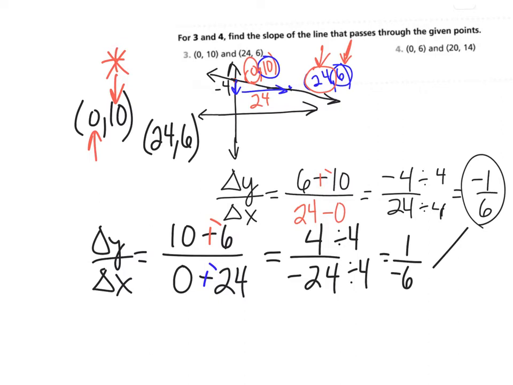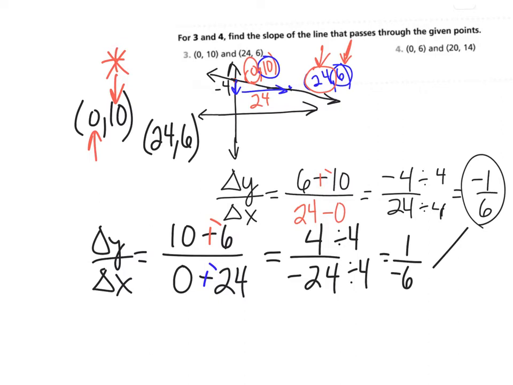So if you don't even want to sketch it out, you can work it out by hand. You just have to make sure that whatever y value you start with when you subtract in the numerator, you start with the x value from that same point when you subtract your x's.